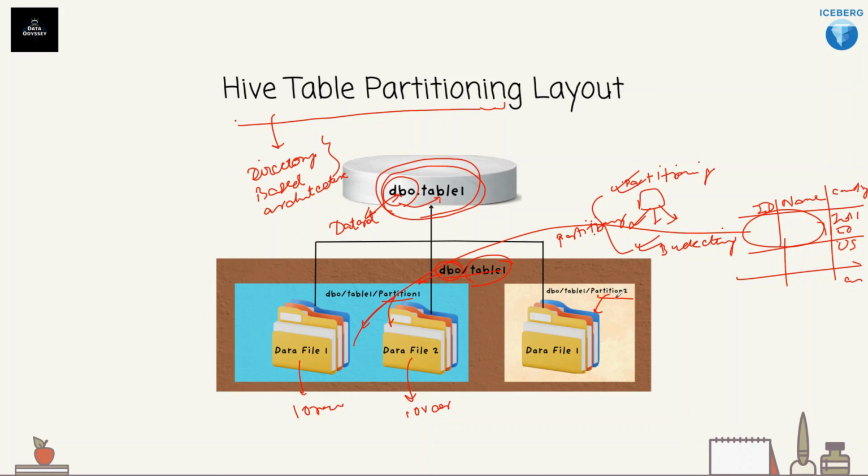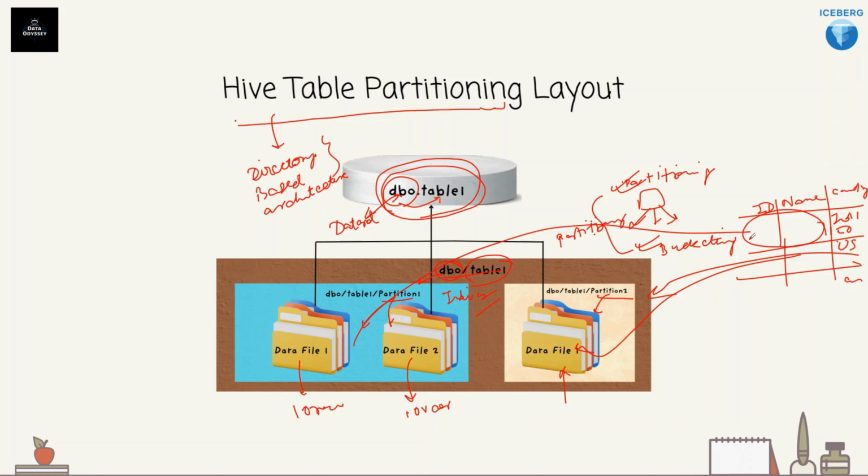This is with respect to India. Then we have partition 2, which is with respect to US, and all people who are there in US, up to 10 records will be in a particular data file, maybe the first data file. All right, so that's how the data is getting divided in a particular Hive table.